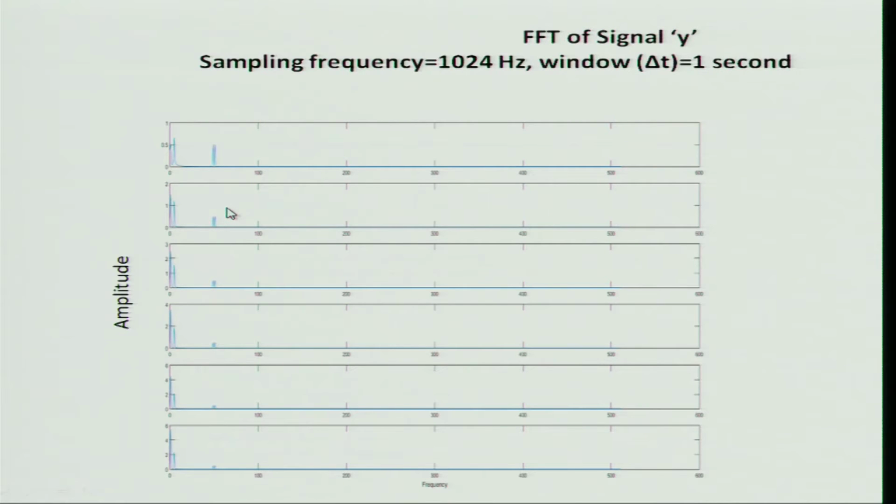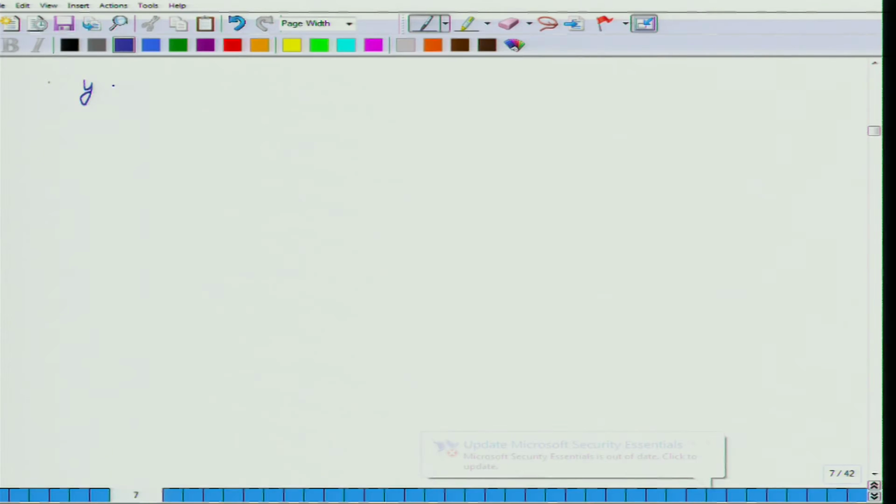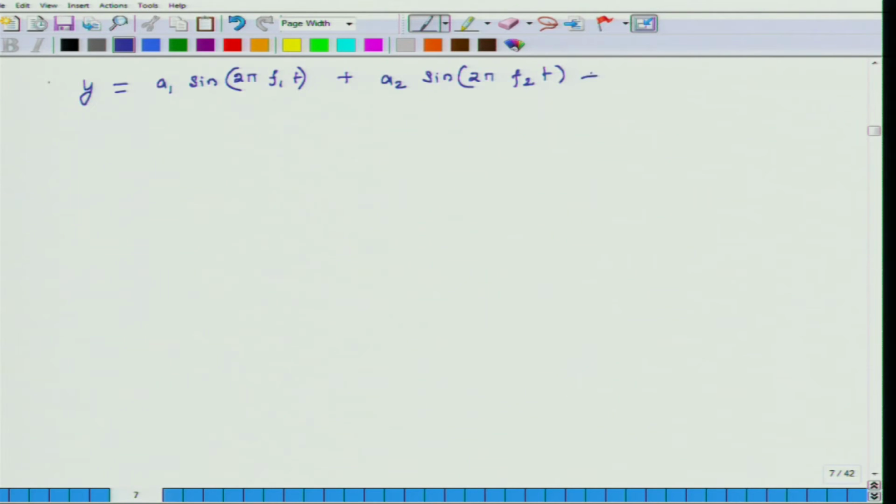But you see something very interesting, that at 50 hertz you are seeing 2 frequencies, and you wonder why this is happening. The reason is this. So what was our original signal? Our original signal was y equals A1 sine 2 pi f1t plus A2 sine 2 pi f2t plus A3 sine 2 pi f3t.